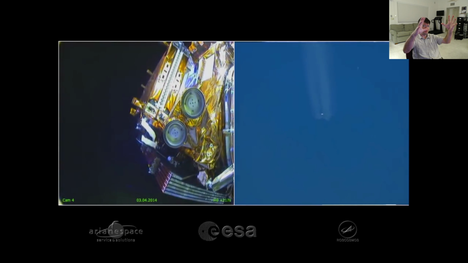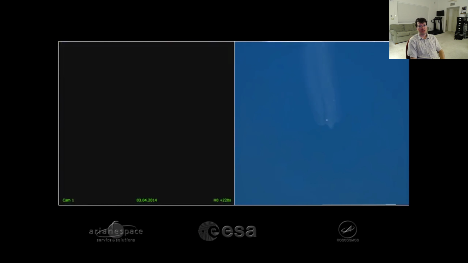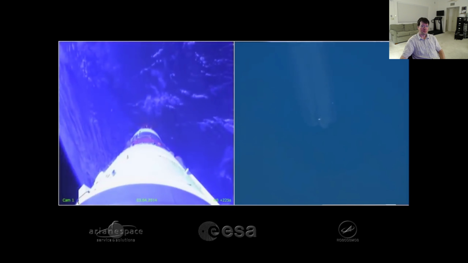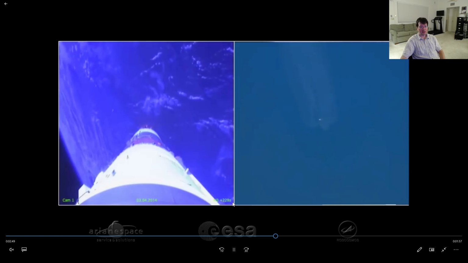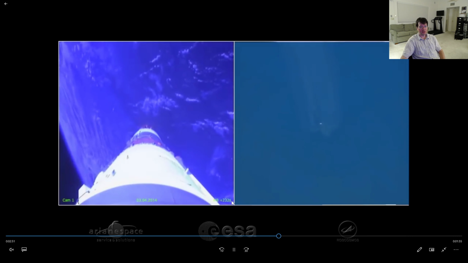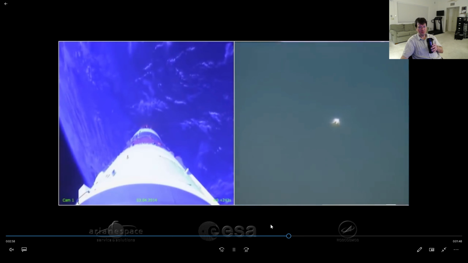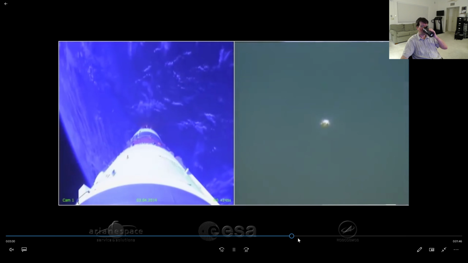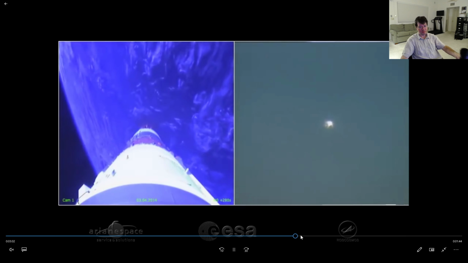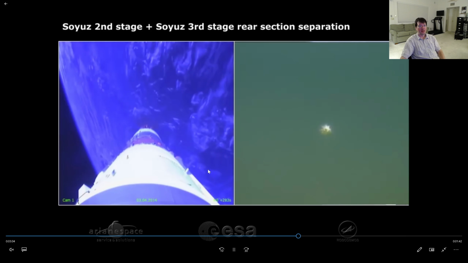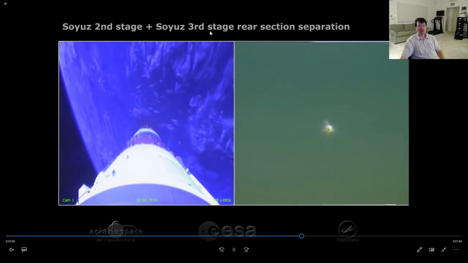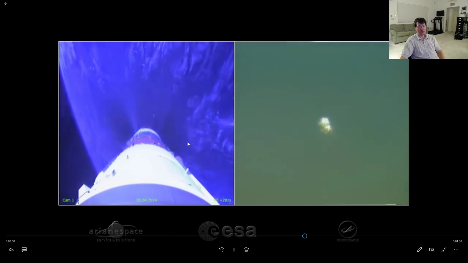There's that upper casing to the rocket, which is just left. We're going to get a second stage or third stage here, shortly, hopefully. Yeah, so second stage plus Soyuz third stage, rear section separation.